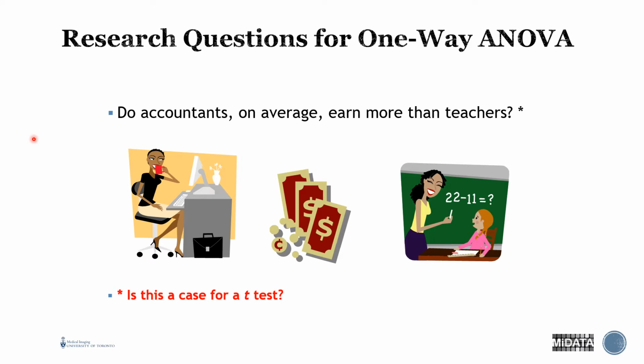Now, in this case, because accountants are going to be compared to teachers, we only have 2 levels in our group variable. So this would be a good case for a t-test.